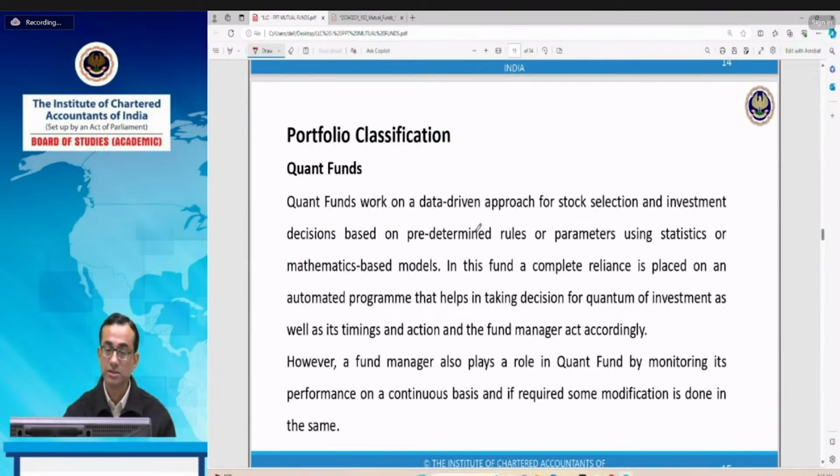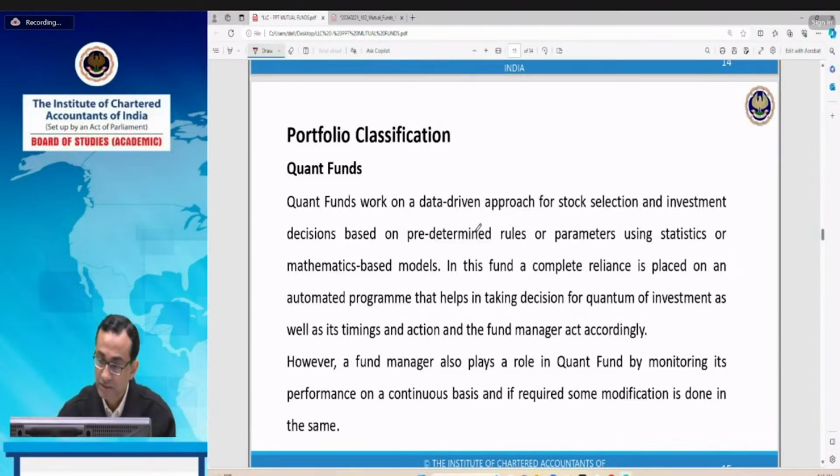Now come to another concept in mutual funds and portfolio classification, that is quant funds. Just read this slide carefully, and you will be able to understand what quant funds are. In quant funds, stock selection and investment decisions are based on statistics and mathematical models.